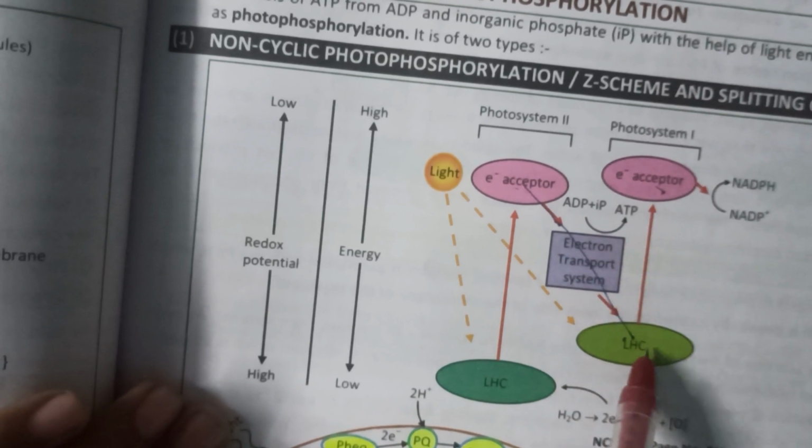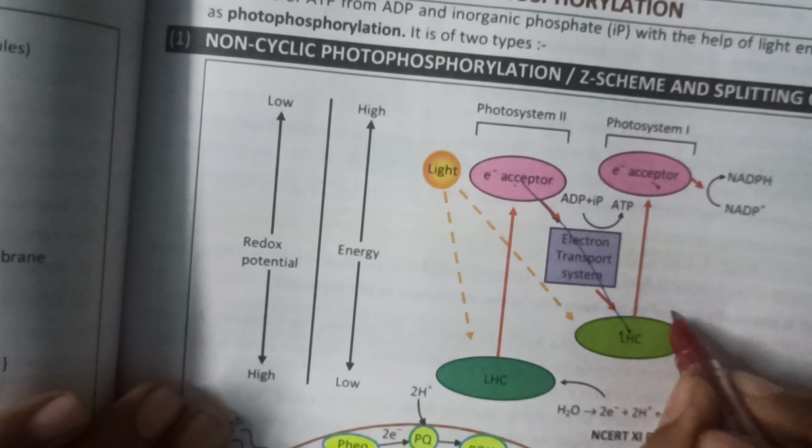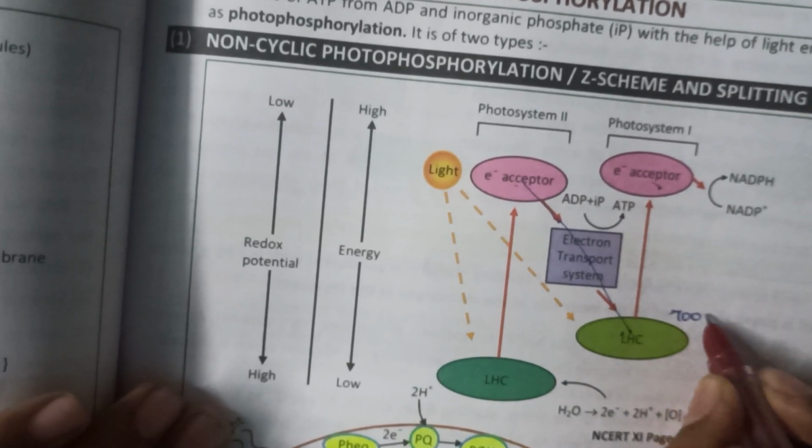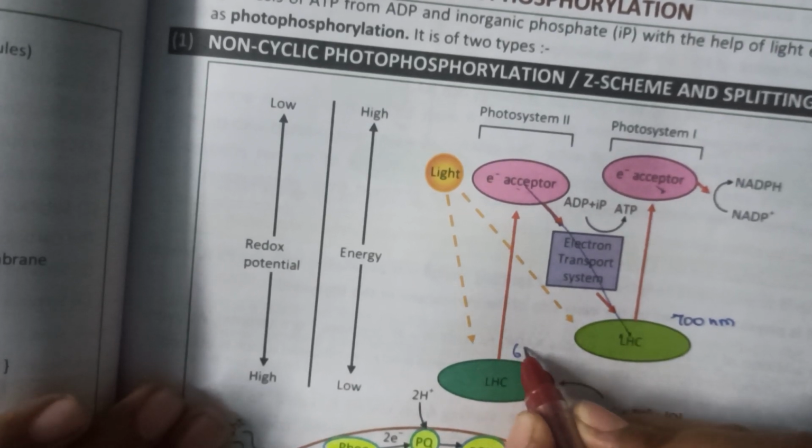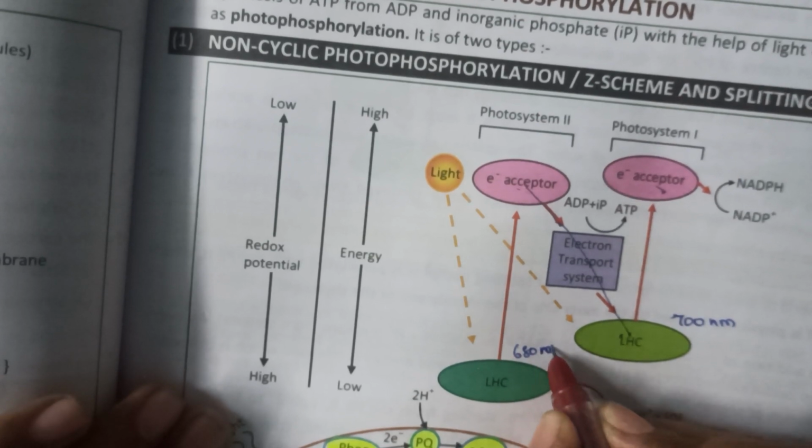Photosystem 1 will excite electrons at a wavelength of 700 nanometer. Photosystem 2 will excite electrons at a wavelength of 680 nanometer.